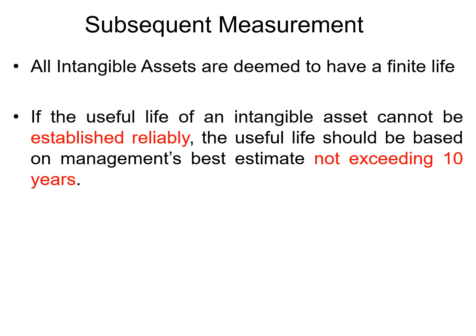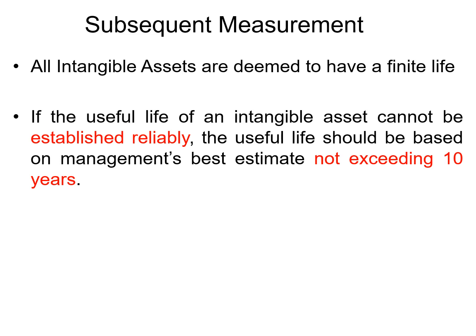Subsequent measurement of these items, these intangible assets that we've just recognized in our books. All intangible assets are deemed to have a finite life. The issue that arises with determination of the finite life of these intangible assets is, well, how long is this period? If the useful life of an intangible asset cannot be established reliably, then the standard requires that the useful life should be based on management's best estimate, which should not exceed 10 years.